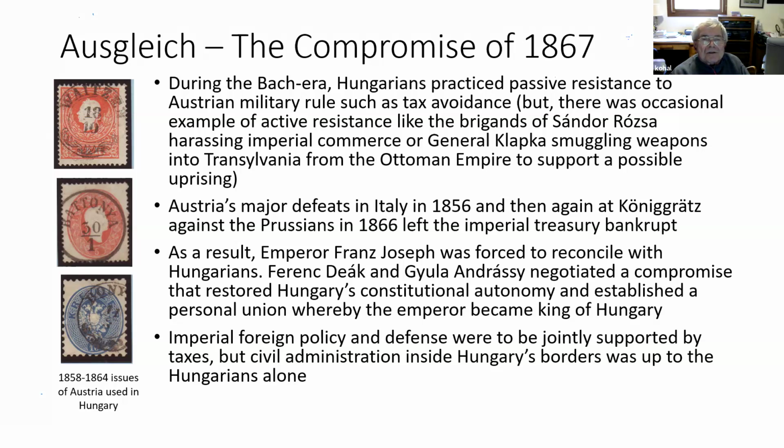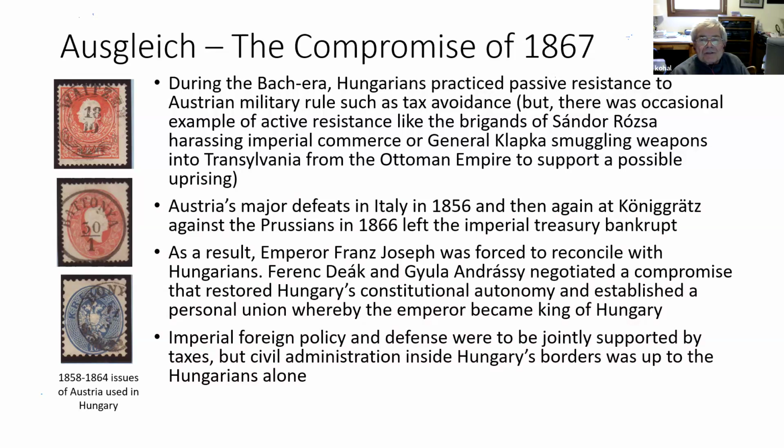This was during the Austrian wars with France and Italy. One of the wars was in Italy in 1856, and Austria suffered a major defeat. And then in trying to become the leader of the German-speaking parts of Europe, the Habsburgs and the Prussians conducted a war.